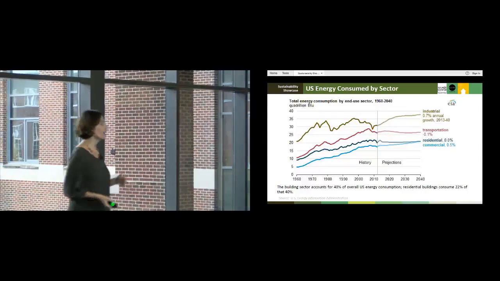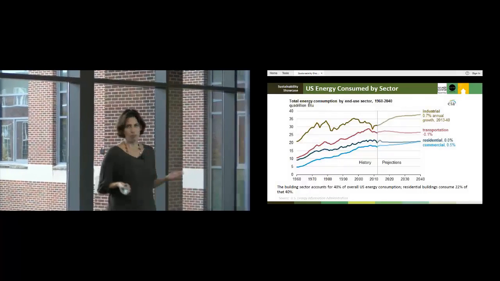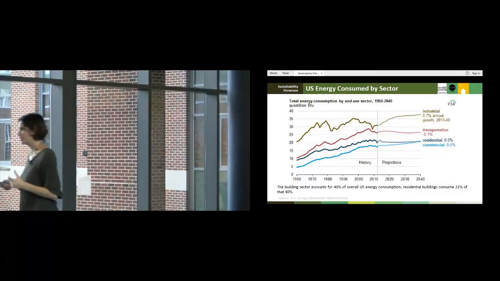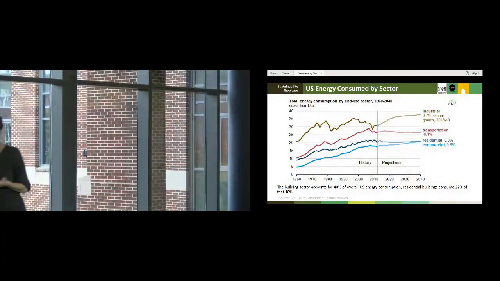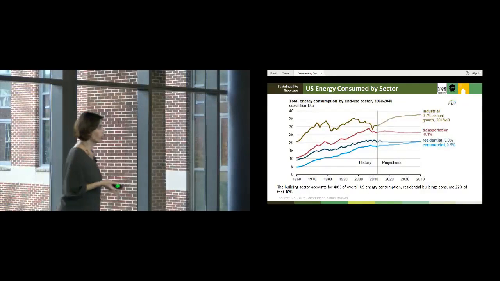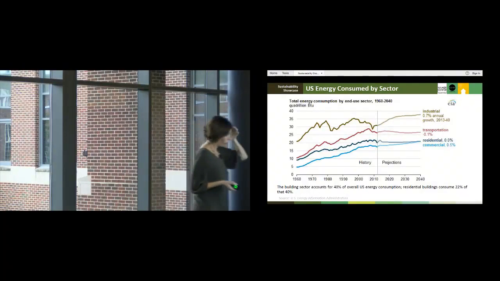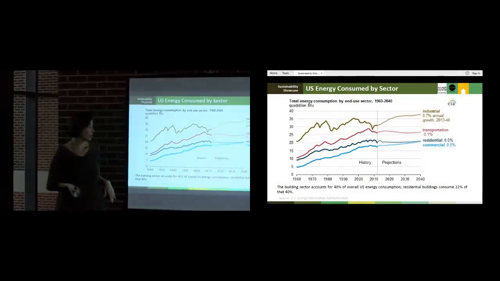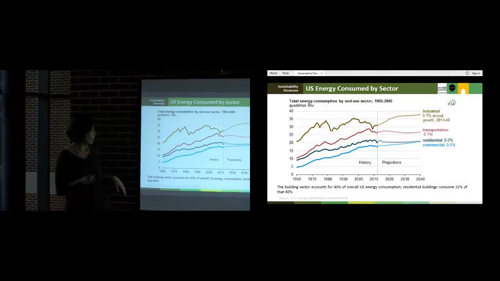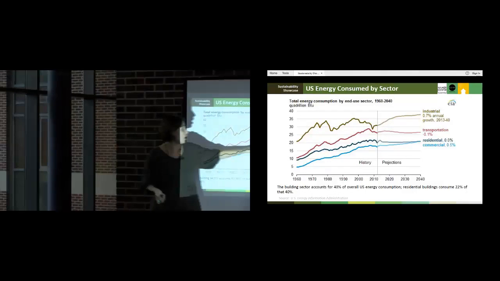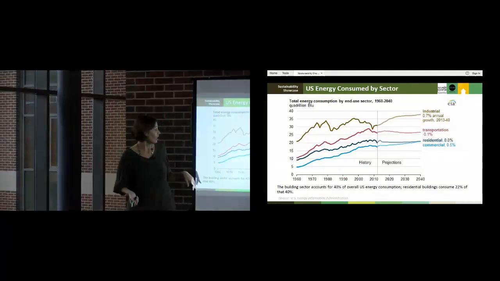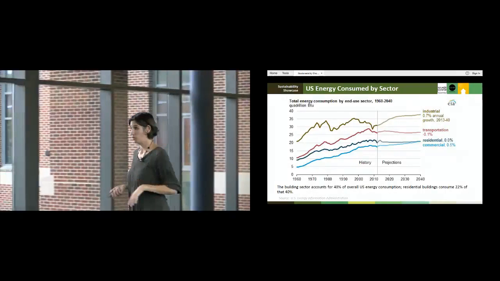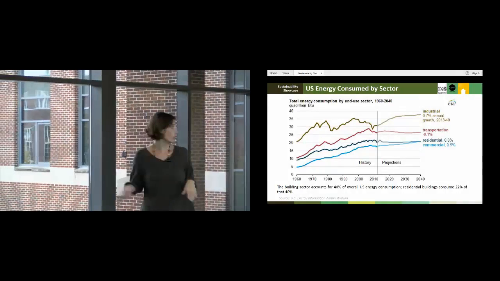But what does this look like? Actually, in some ways it's not so bad. Some of the codes that we've put into place, the things that we've implemented, have actually started to have improvements. We're starting to see improvements in energy use, especially in the residential sector, where things have essentially leveled out as a result of the energy codes that went into place in the mid-1990s and moving forward.